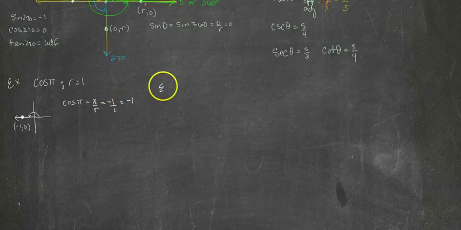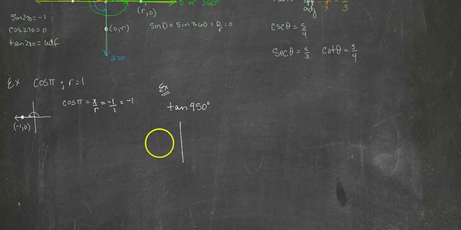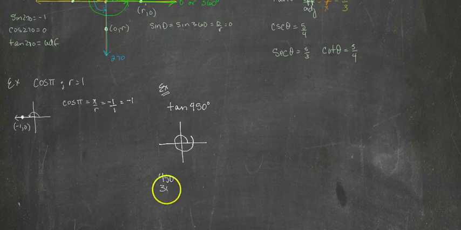Let's do another one. Again, assuming the radius is 1, let's find the tangent of 450 degrees. So 450 is bigger than 360, so we know we're going to go all the way around once, and then we have to continue around, but how far? Well, if I take 450 and subtract 360, I get 90 degrees. So I end right back up here at 90 degrees.